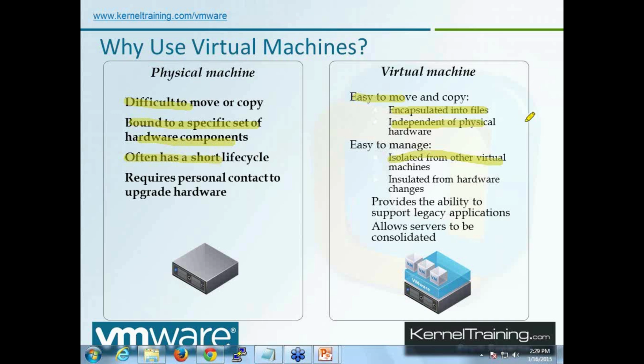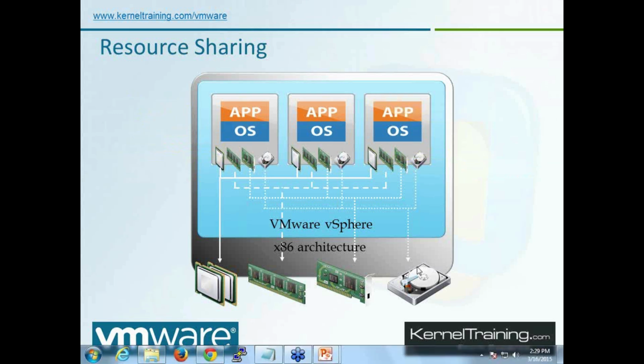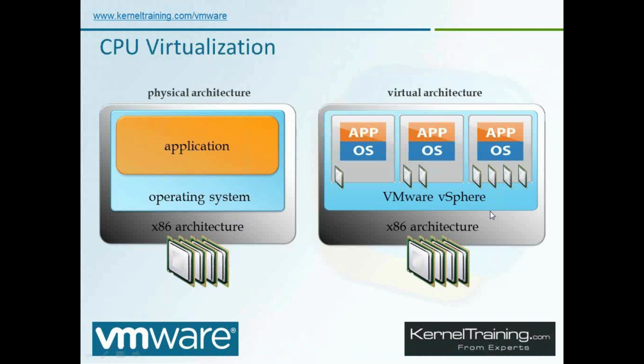So over here, the requirement becomes very simple and the management becomes very simple, for physical as well as virtual. Now resource sharing is also very simple. I have multiple hardware components connected to my vSphere environment, and I would be connecting my CPUs and my network easily and using them. Similarly, I'm going to virtualize my resources.